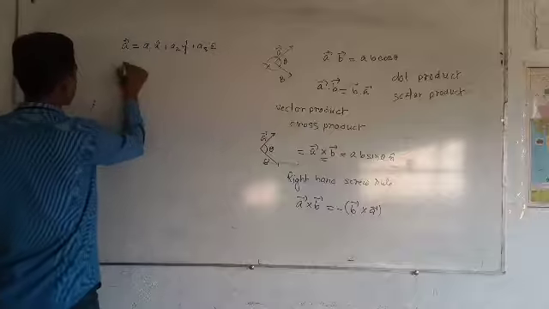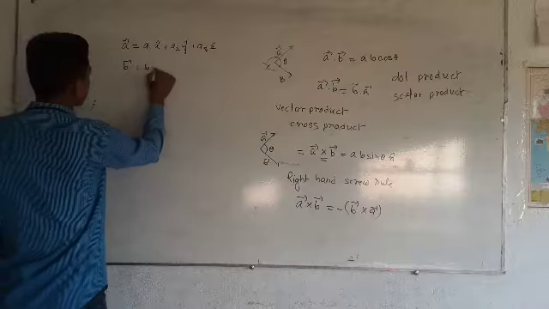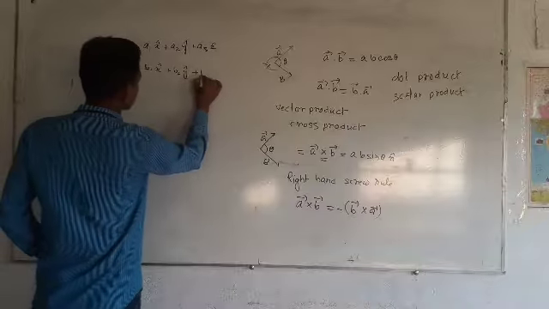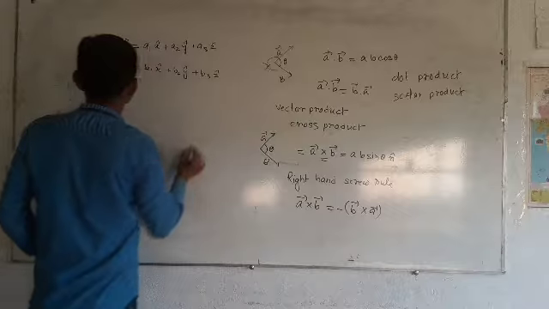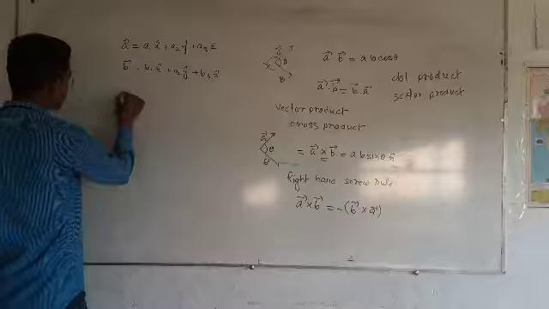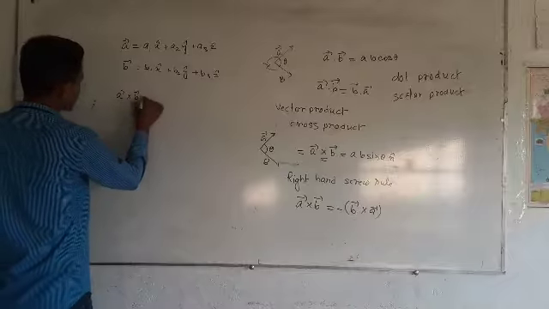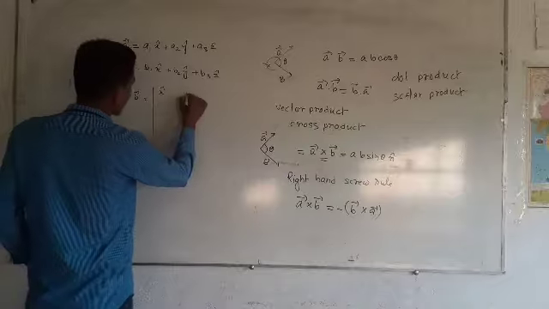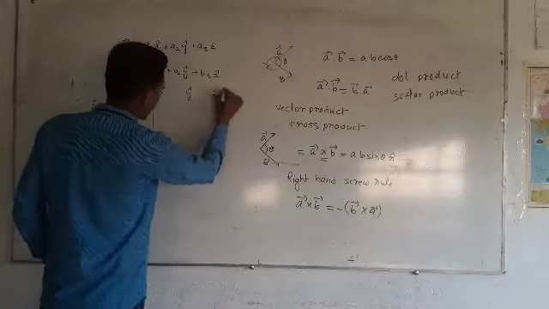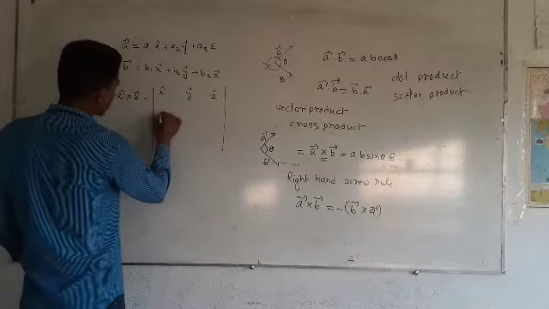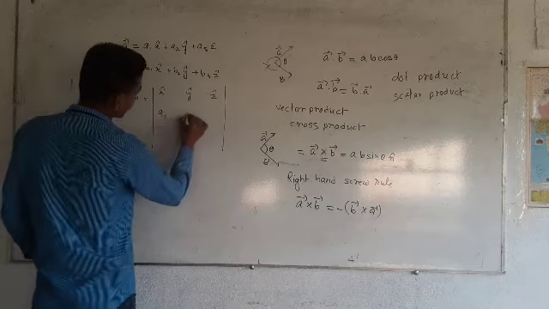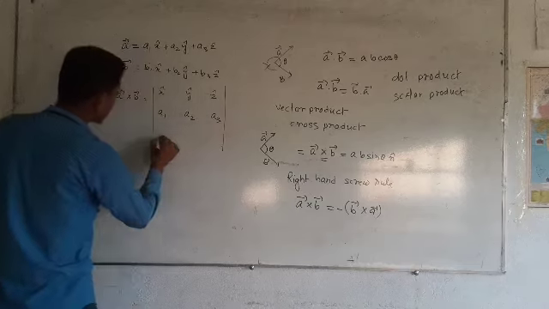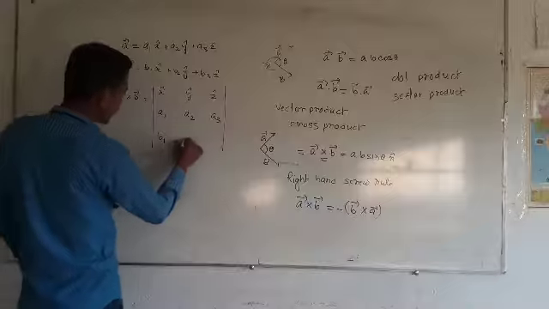And the same way, B vector has components B1 along x cap, B2 along y cap, and B3 along z cap.